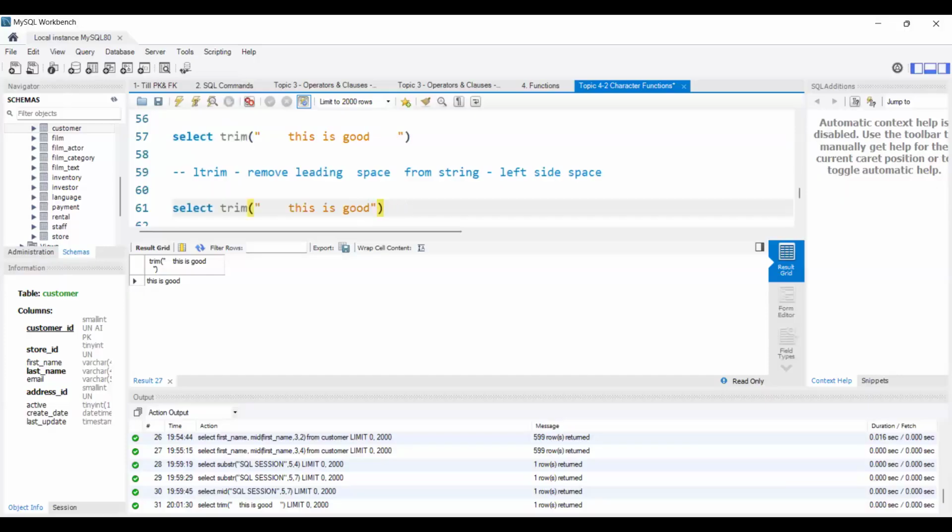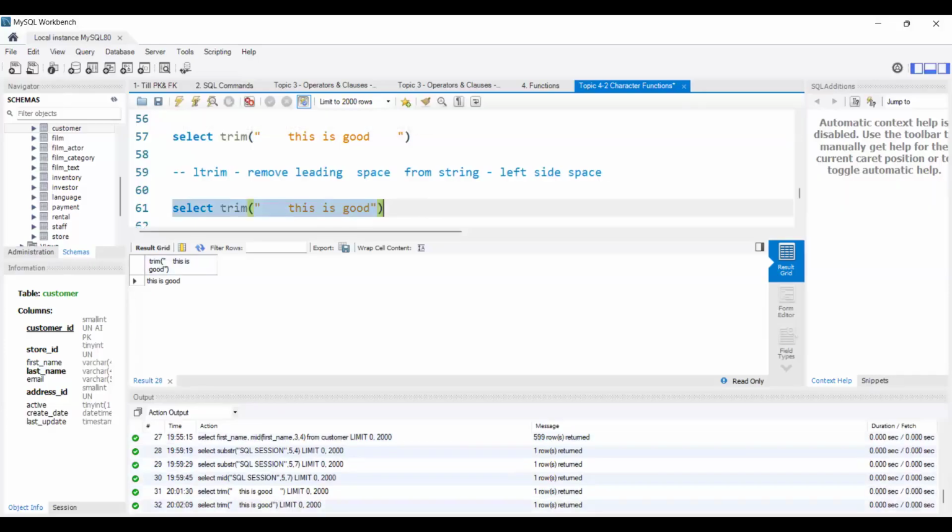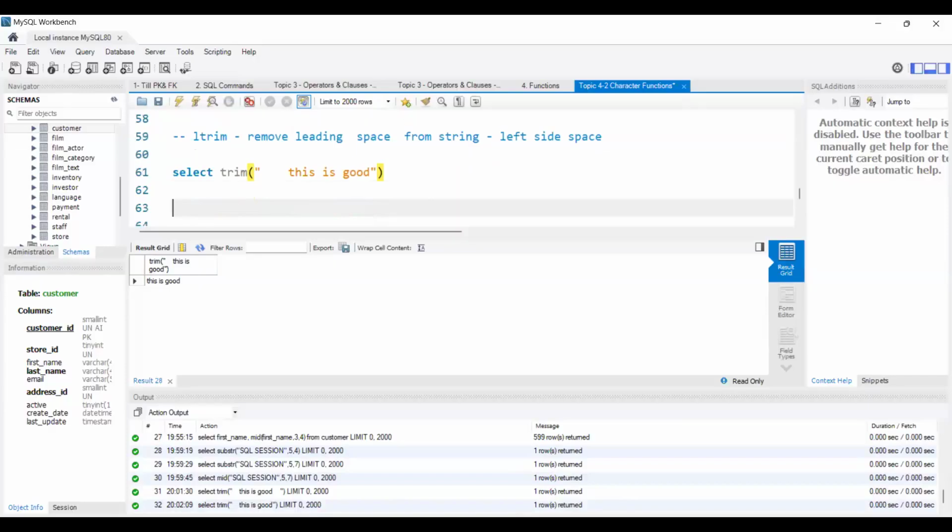Here you can see I have space only towards the left side, it will remove, see. Okay, R trim will be a different one. Let's see by using this in a different way.